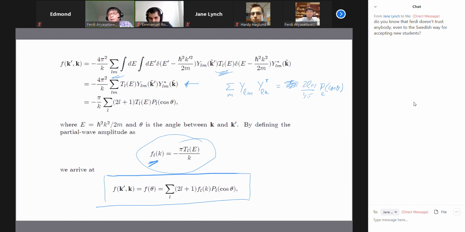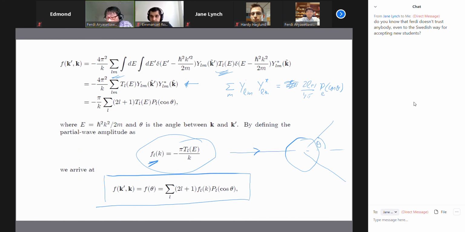So we notice that there is no dependence on the azimuthal angle, because we are looking at a spherically symmetric potential. So if I have an incoming wave like this, and a spherically symmetric potential, then the scattering amplitude depends only on the angle theta.